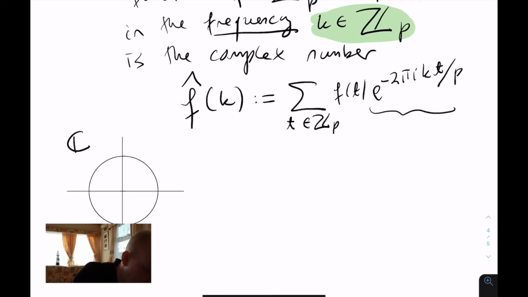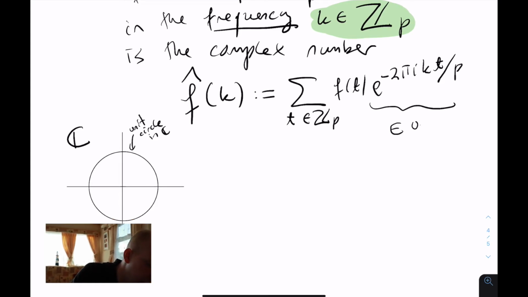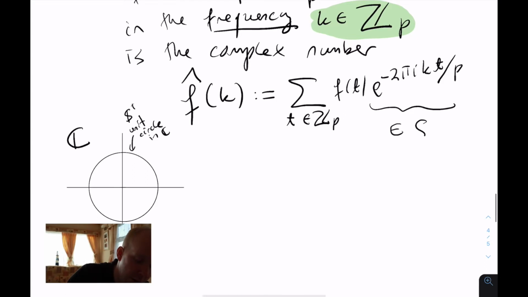This is the unit circle in C, and these numbers are in the unit circle. Let's call it the unit circle S1, for example. I think this is also sometimes used.